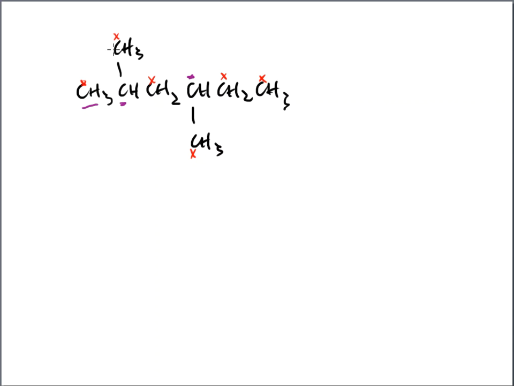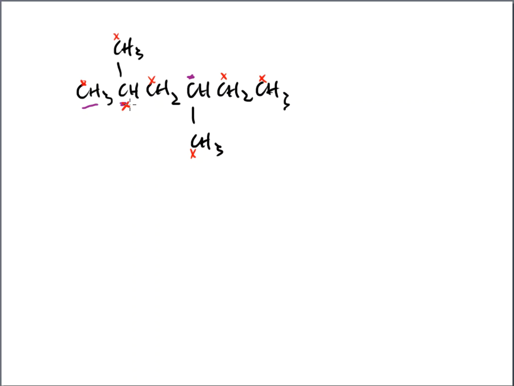And then up on top, oh, I see another methyl group. I have a methyl group up here, and I have a methyl group to the left. So that makes this a carbon with no chirality assigned to it at all.